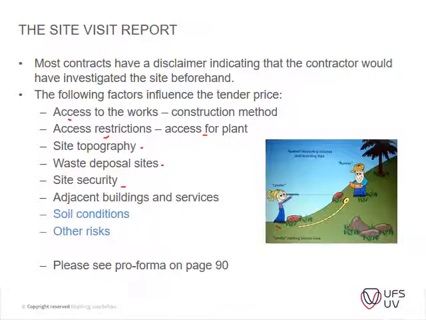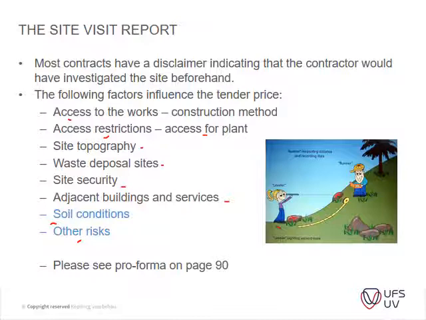Adjustment of your building and services, or adjacent buildings. Do you have to do shoring, or when you do excavations, lateral support for your basements, et cetera? Very important to look at that. Then I just added the soil conditions that you might look at. Are there maybe any other risks that you can see?